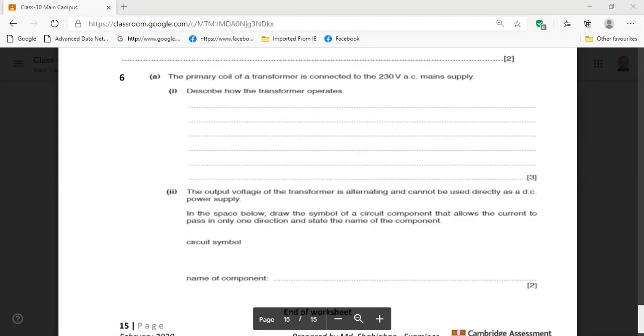We're inputting alternating voltage there, right? So this alternating voltage is creating a changing magnetic field, and that is producing induced EMF in the secondary, isn't it? Is it clear? Yes, sir.